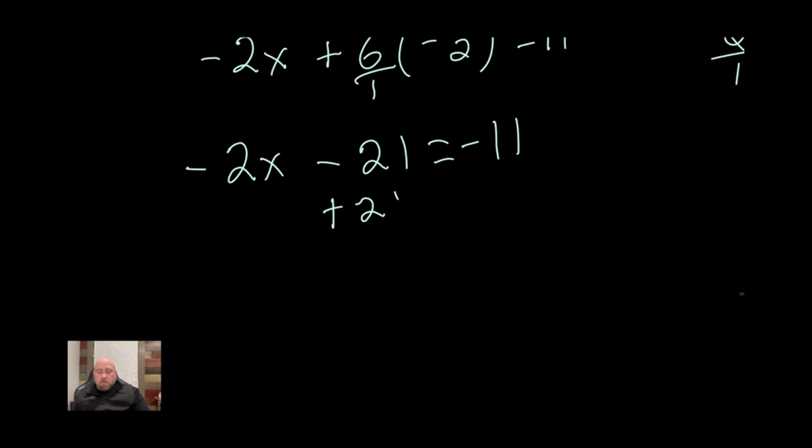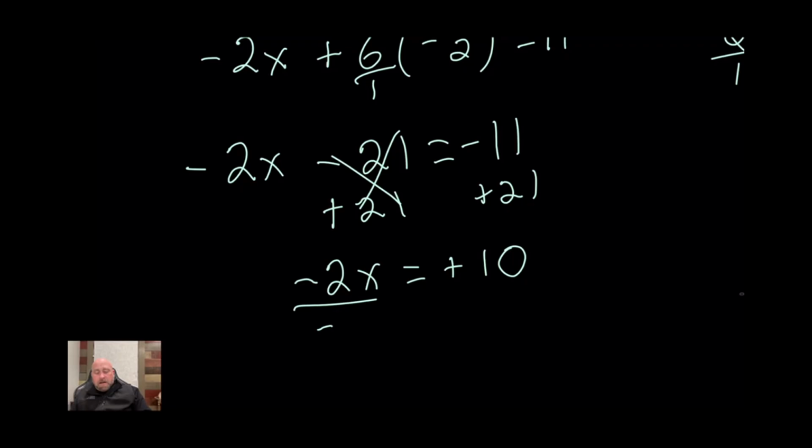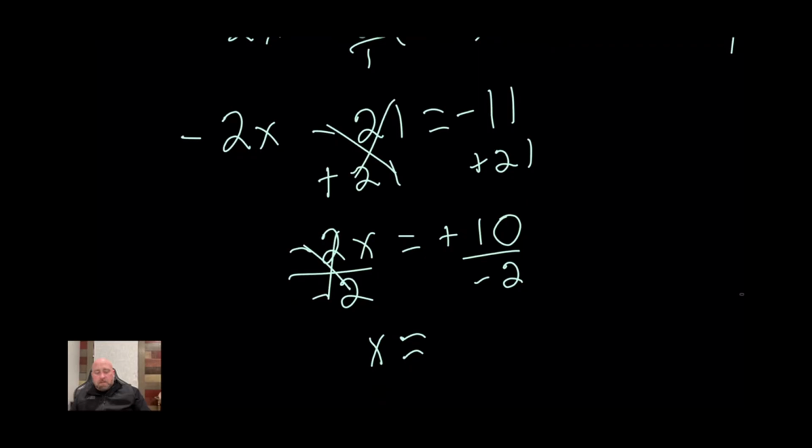So add 21, cancel here. We get negative 2x equals negative 11 plus 21. We subtract, keep the sign of the larger, so it's going to be a positive. Subtract is going to give us 10. Divide by negative 2, divide by negative 2. We're going to come up with x equals, and that's going to be a negative 5, okay?